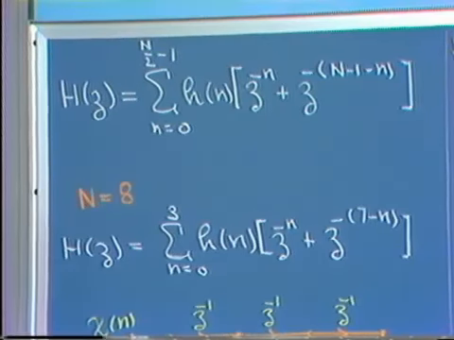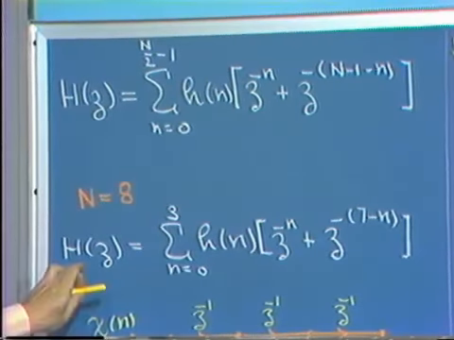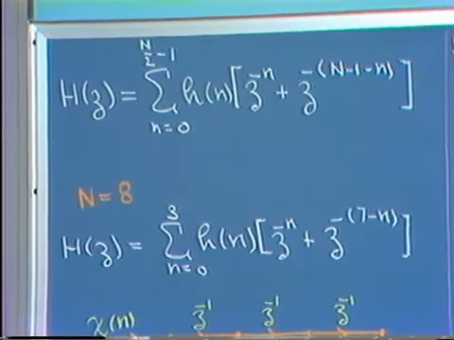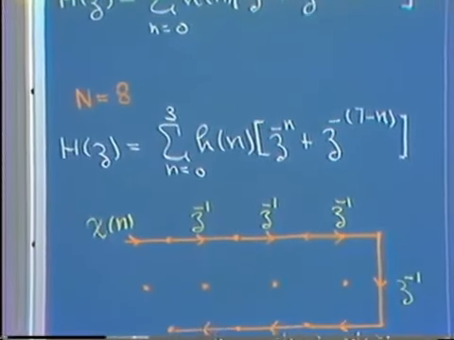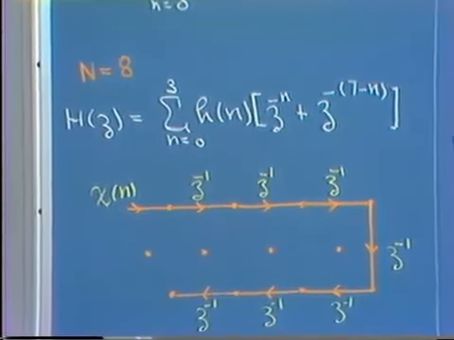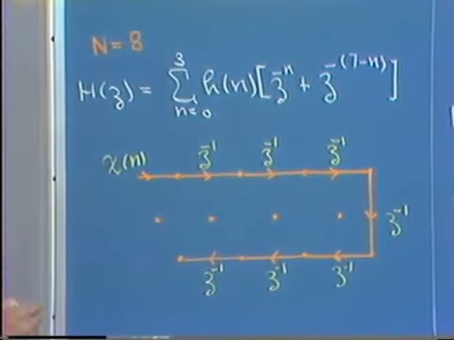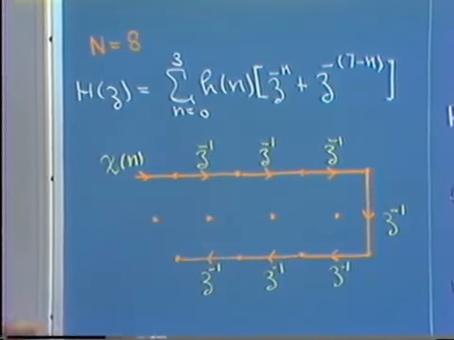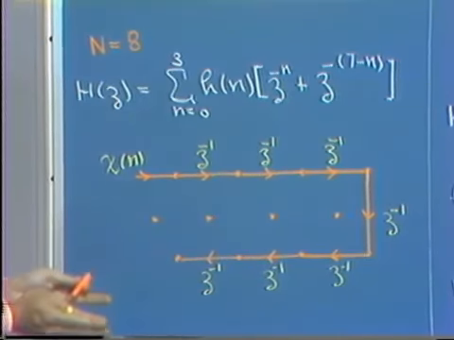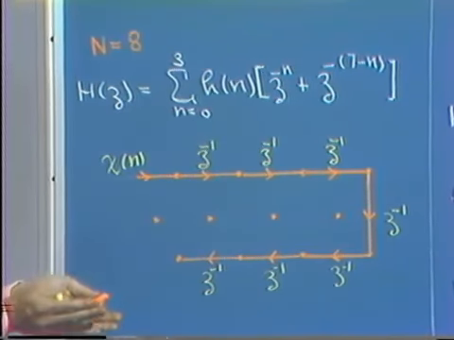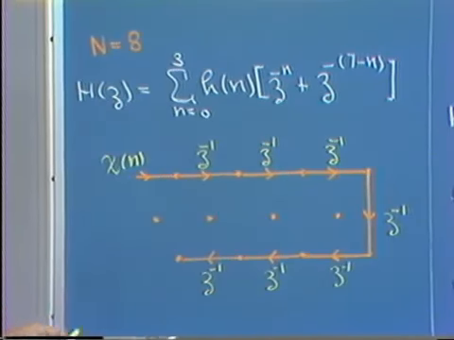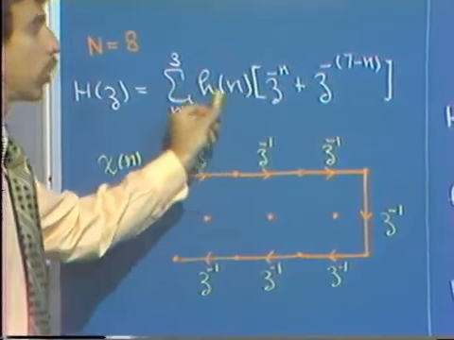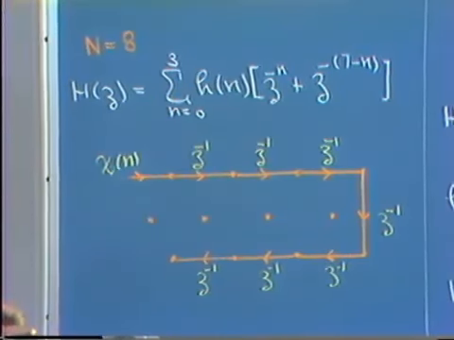Well, how many delays are involved in implementing this system function? Apparently, there are 7 delays, whether or not the system is linear phase, and that shouldn't be surprising because the length of the impulse response is still 8. So 7 delays in general are required, but only 4 coefficients are required.